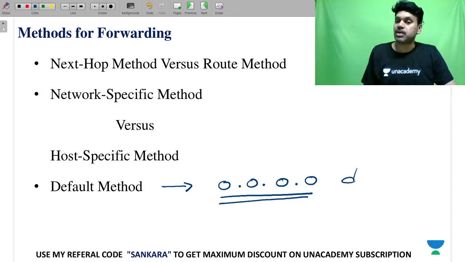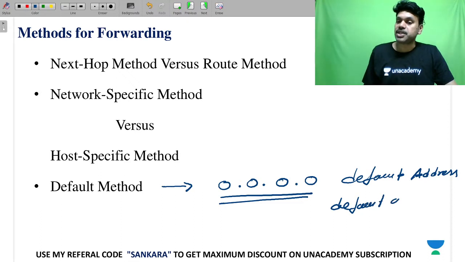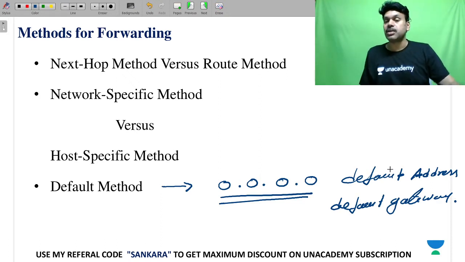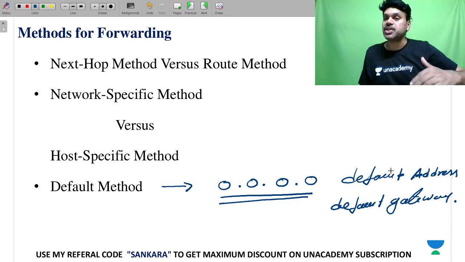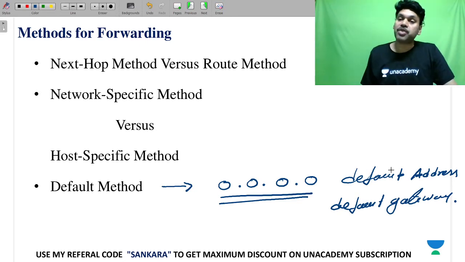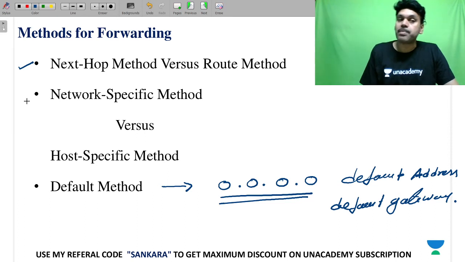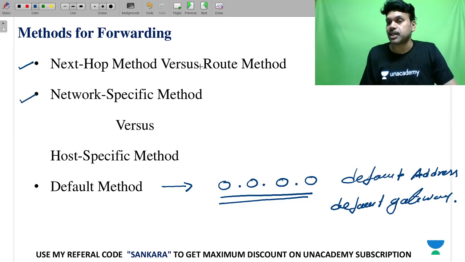This is your default address, also called the default gateway, which is used by your router to forward your data packet. That means we will see that always one particular path is a default route. If other particular paths do not exist or have failed, then immediately the packet will go to the receiver using the default method. Okay. And now let us check what is the next hop and the network specific.